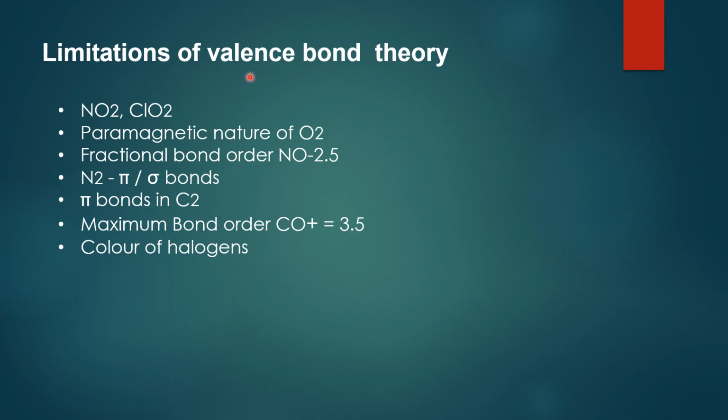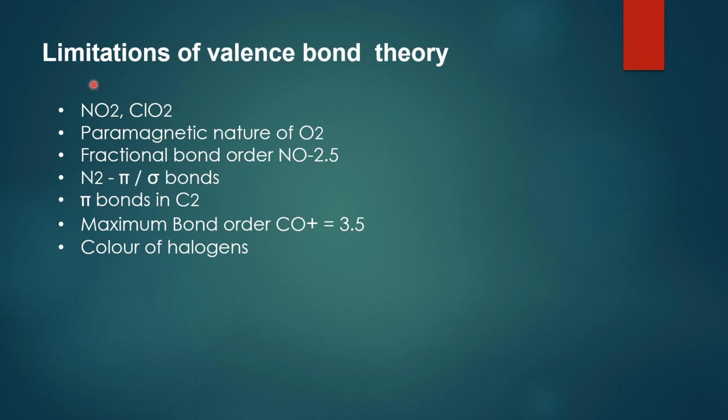According to valence bond theory, half-filled atomic orbital overlapping can take place. After overlapping, some of the electrons are left over as unpaired electrons. The existence of unpaired electrons in such species cannot be explained by valence bond theory. It was the first limitation.